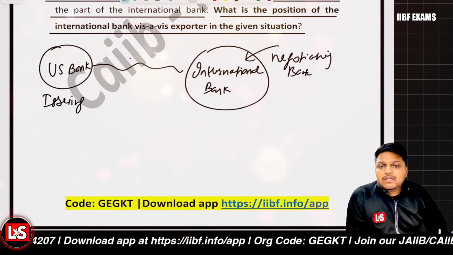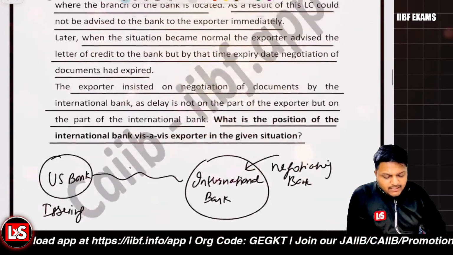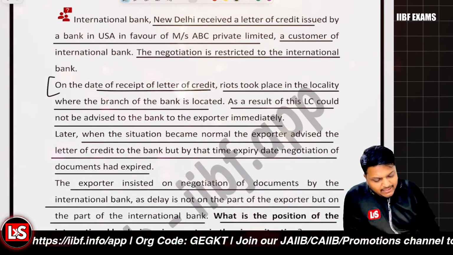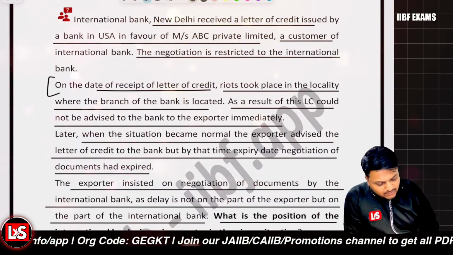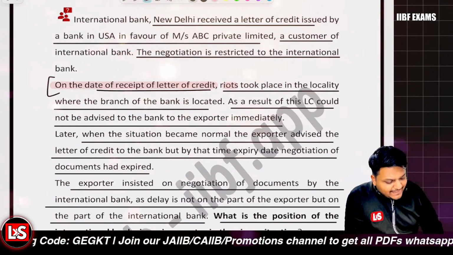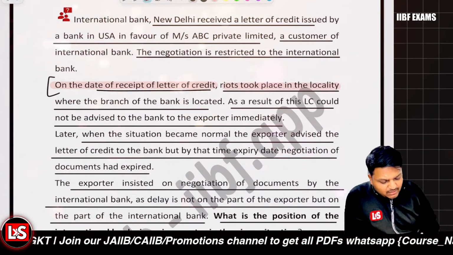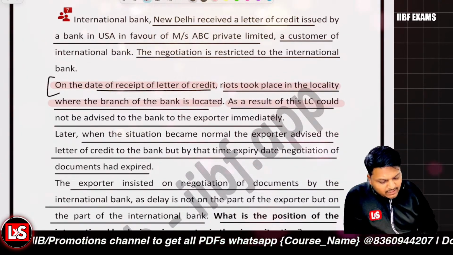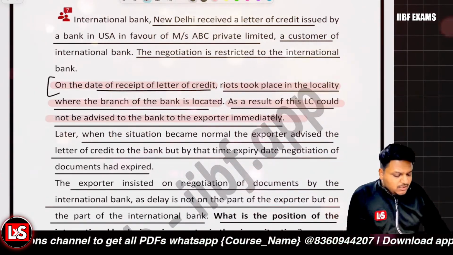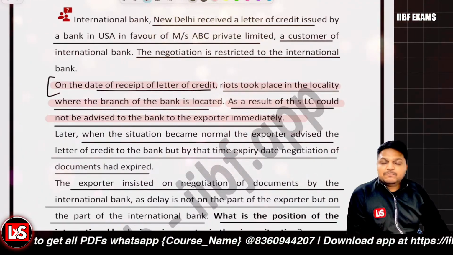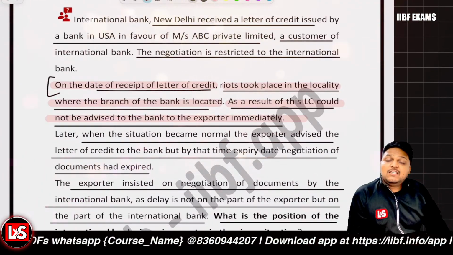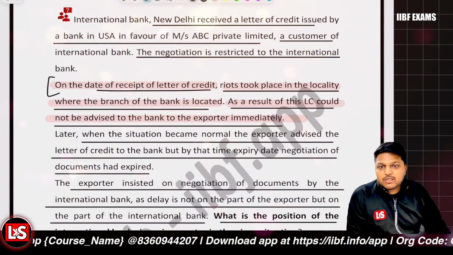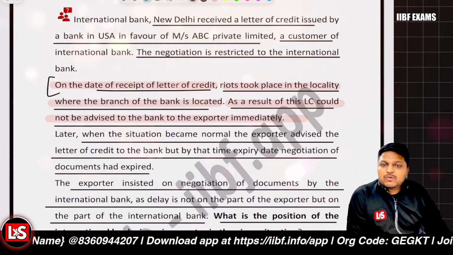And further, it is clearly told that on the date of receipt of the letter of credit, riots took place in the locality where the branch of the bank is located. As a result, the LC could not be advised to the exporter immediately because the riots were there.